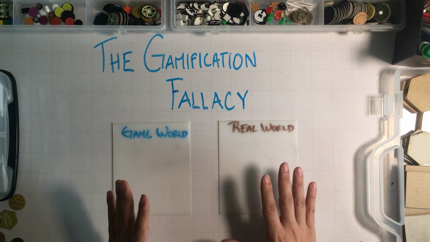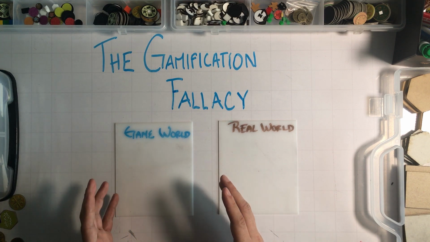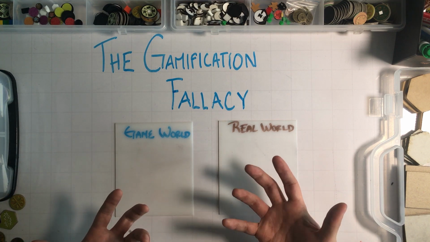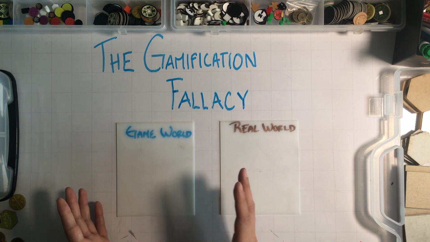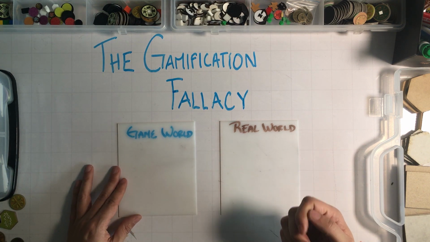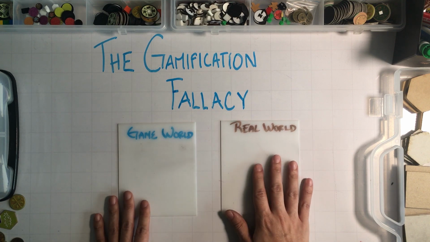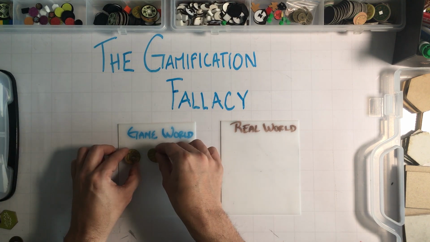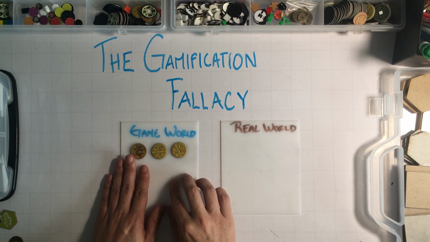Let's start by understanding that the basic idea around gamification was the use of certain elements like the PBLs, right? Points, badges, and leaderboards. I will use points, badges, and leaderboards not because they were the only tools used in the gamification toolbox, but because it's the easiest way to explain the fallacy. First, we have points. The game world uses points for a lot of stuff.